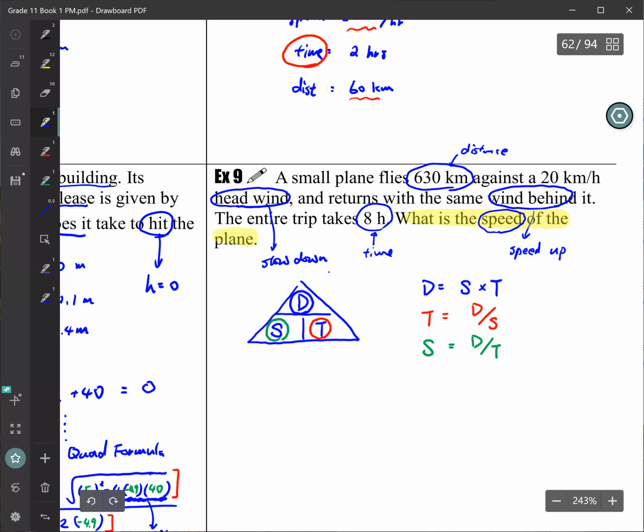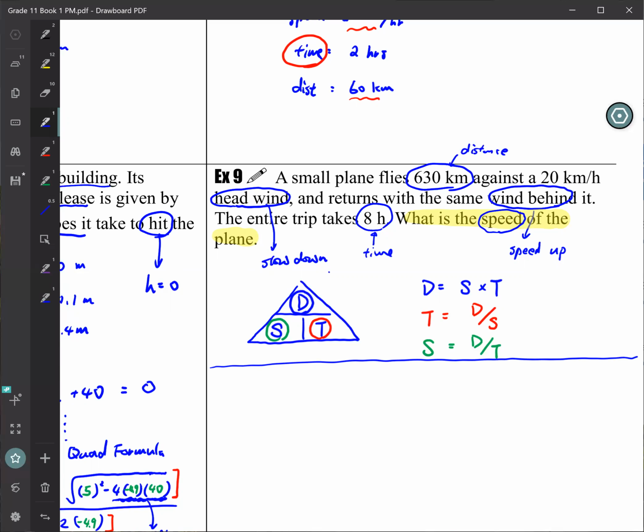So let's draw a line here. You need to know this before you begin, right? Otherwise, you have too many numbers here. All right, so can you raise your hand if you got everything down so far?